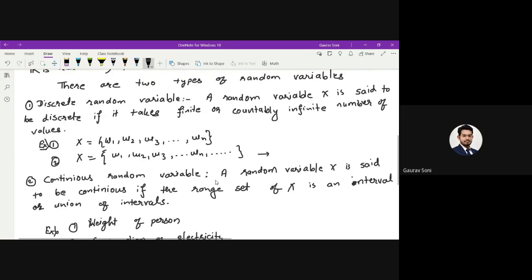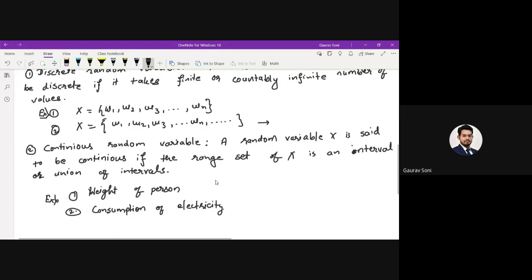So what is the difference between the two of them? The major difference in both of them is the range set. What do you call a range set? If you have a function capital F from x to y, what do you call a range set?